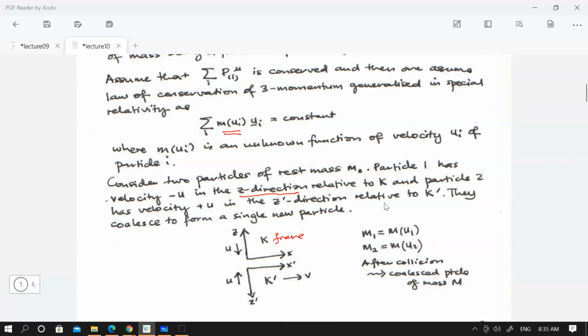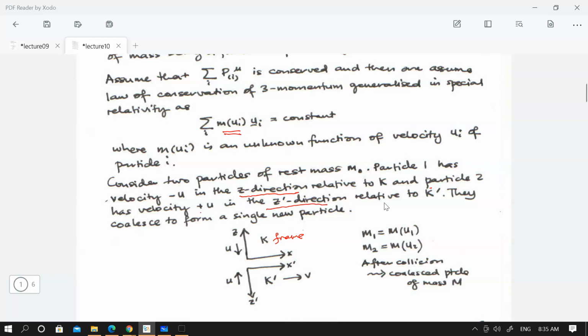Then you have another particle, particle 2, moving inside this frame K dash along the z direction with a positive sign, so it will be plus u in the z dash direction.